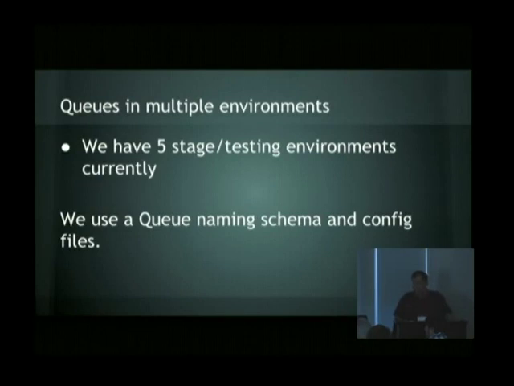So instead, what we chose to do is say that every single queue is going to have a name attached to it that is defined, so we could have stage 1 dash whatever the queue name is, stage 2 dash whatever the queue is. Then we had our configuration system tell each thing what to write.